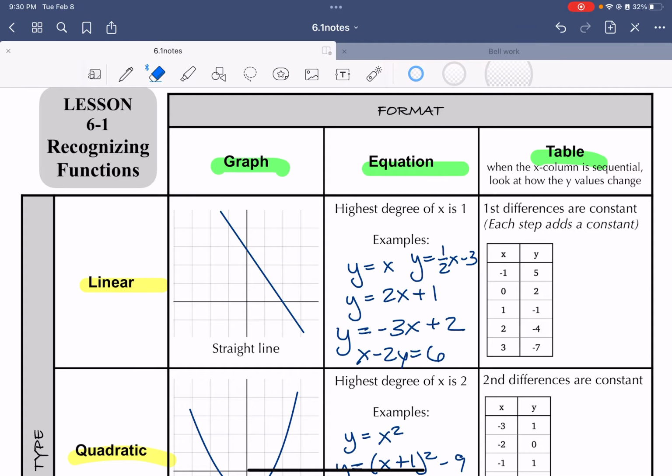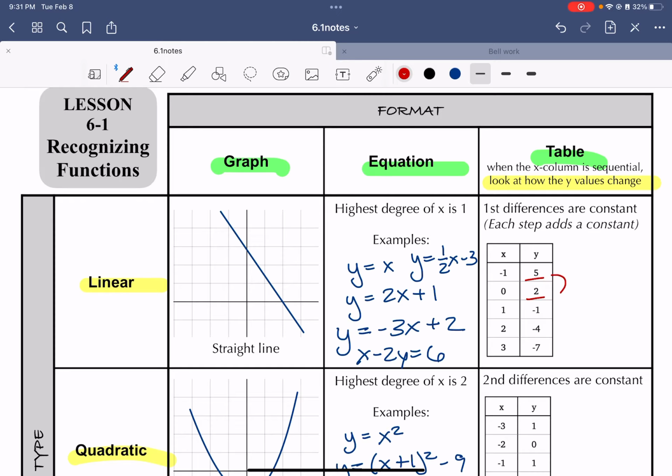All right, so when your x column is sequential, then what you're going to do is you're going to look at how the y values change. And so what you're going to do is you're going to figure out, usually you're going to be looking at the difference between them. You're going to see what you have to do to get from this y value to this y value.